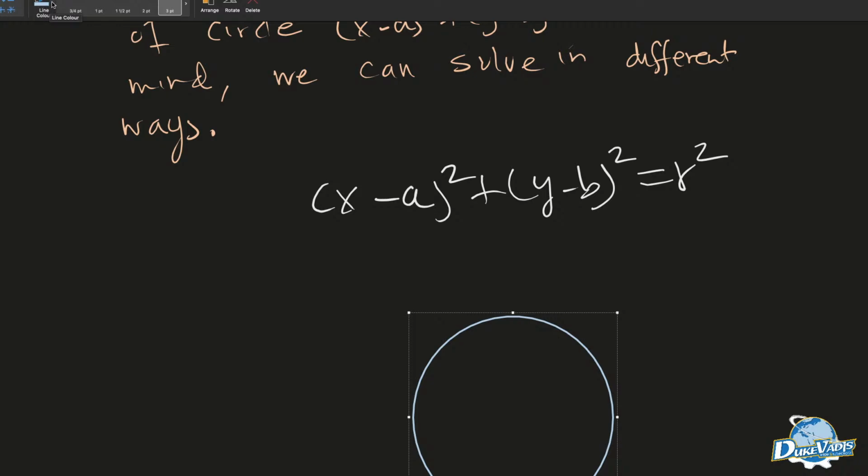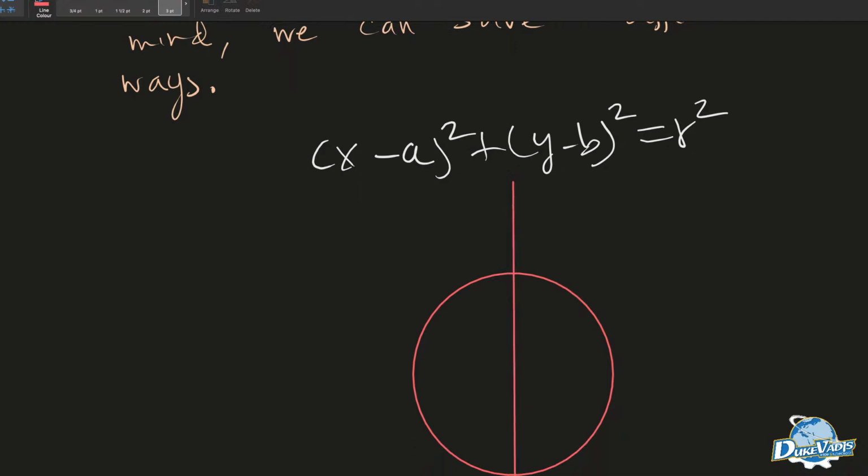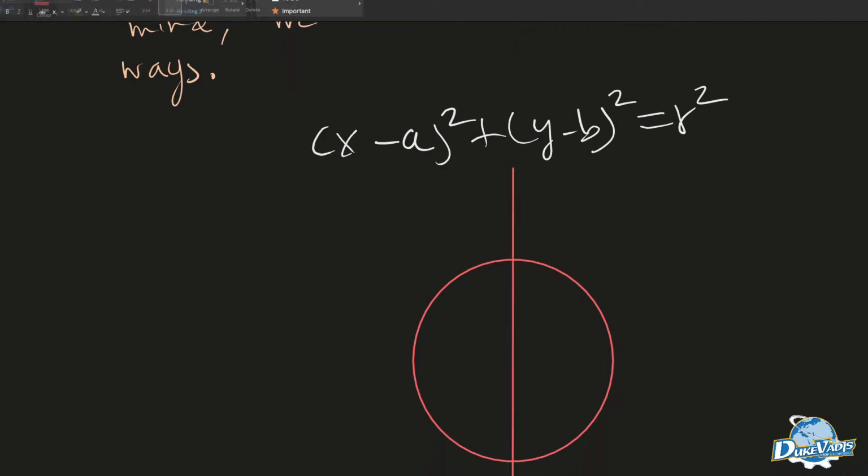If I make my x and y axis in this color, picking a line here, this will be the y axis, and this will be the x axis.